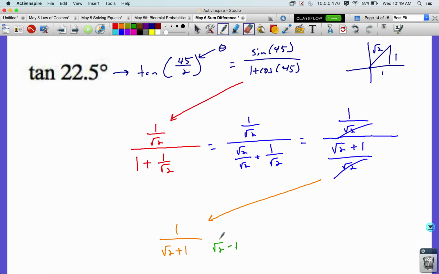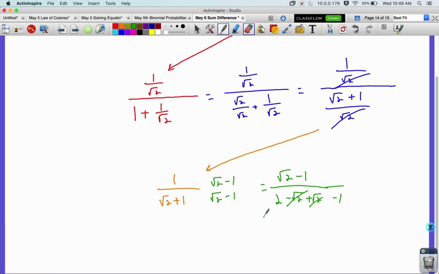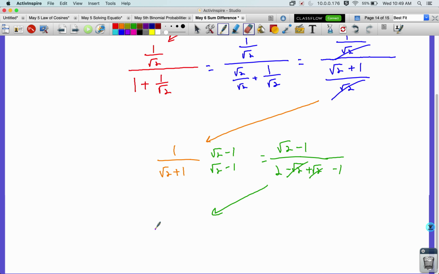So root 2 minus 1, root 2 minus 1. So I got root 2 minus 1 over, this would become a 2. Middle terms would cancel out. Then I get a minus 1. Here, I'll write them anyway. So minus root 2 plus root 2 minus 1. And now we've got root 2 minus 1 all over 1, which is just root 2 minus 1.